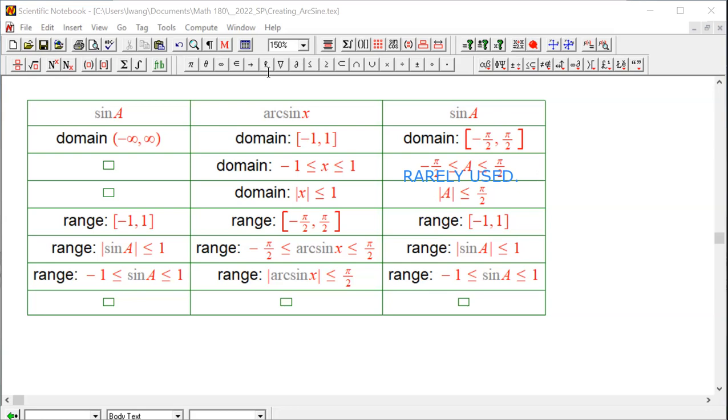So most of the time in our language of speaking sine and cosine, sine function and arcsine, these are rarely mentioned. Anytime we say sine, we refer to this sine. This is our star. Anytime we say arcsine, we're talking about this arcsine.